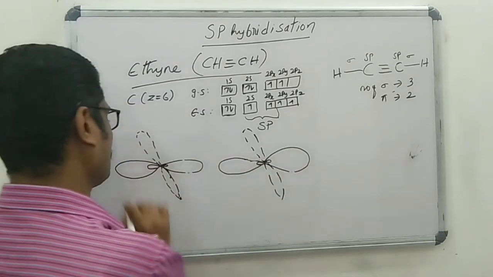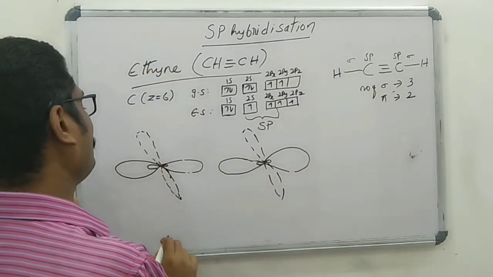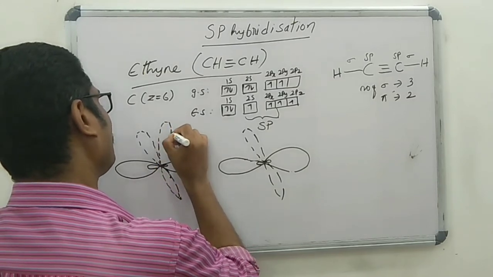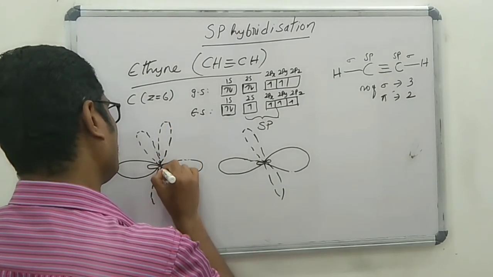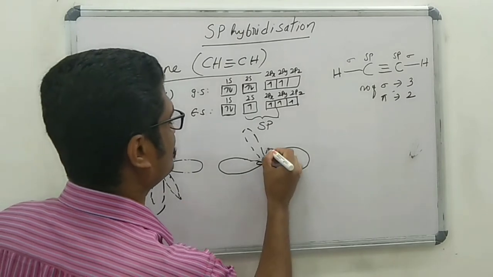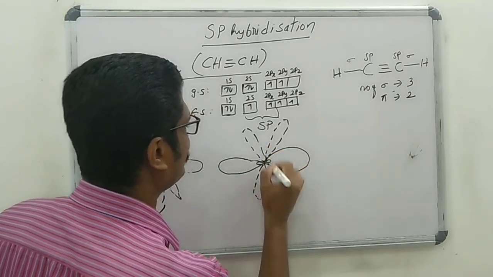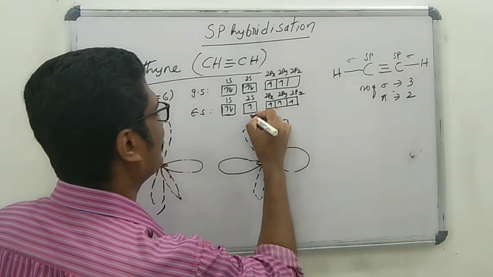This may be the 2py orbital, then 2pz orbitals.